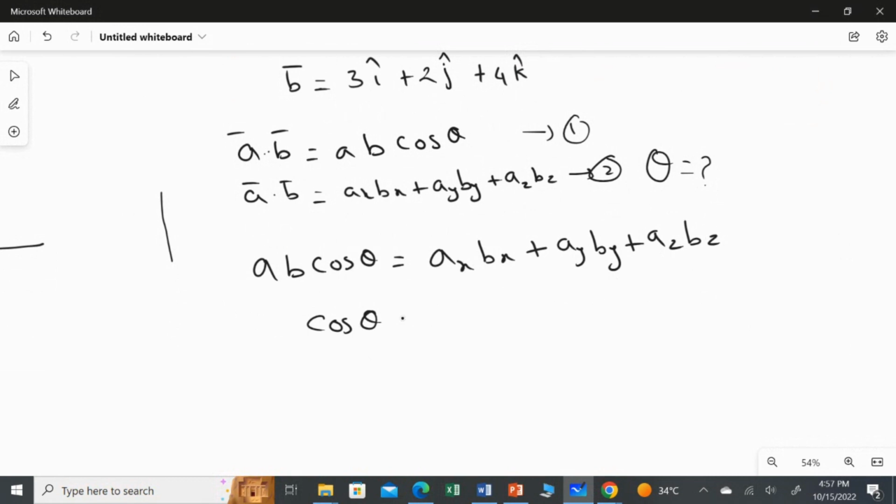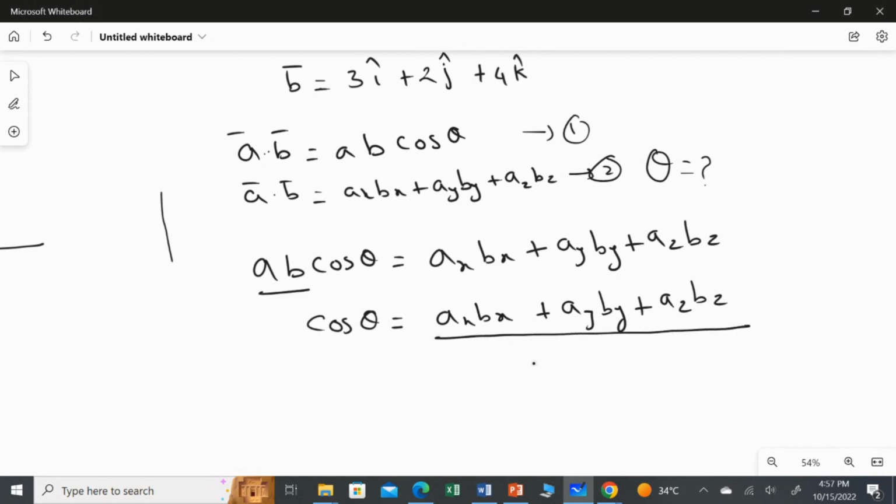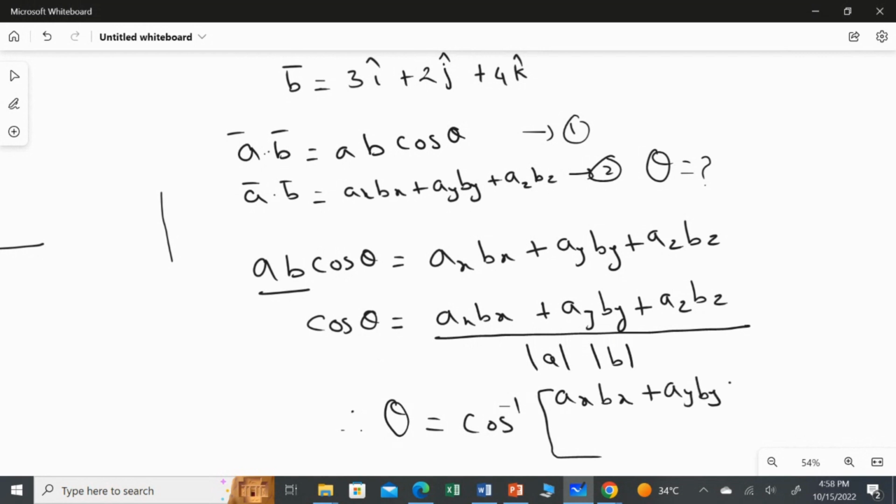Therefore, cosine theta is equal to AX BX plus AY BY plus AZ BZ divided by the magnitude of A and the magnitude of B. Therefore, the angle theta is equal to cosine inverse of AX BX plus AY BY plus AZ BZ divided by the magnitude of A and magnitude of B.